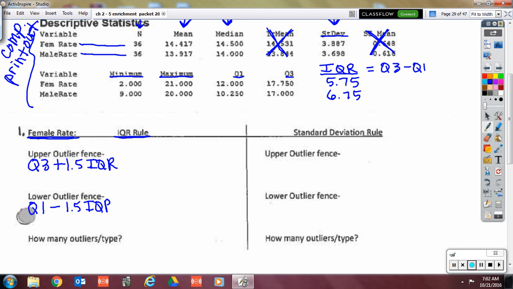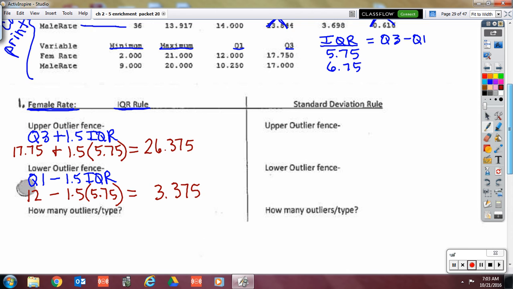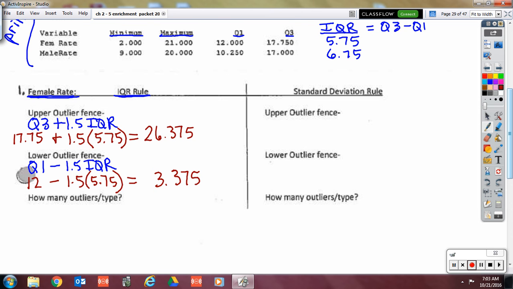I'm going to let you take a moment, fill in those numbers, and get those fences. So do that. All right, so I have gone ahead and calculated those amounts. We have an upper fence at 26.375. We have the lower fence at 3.375.